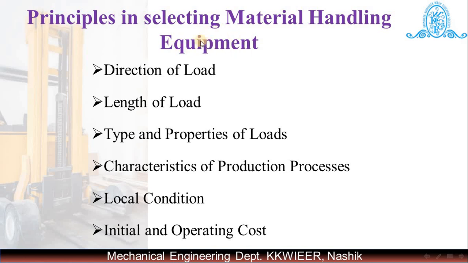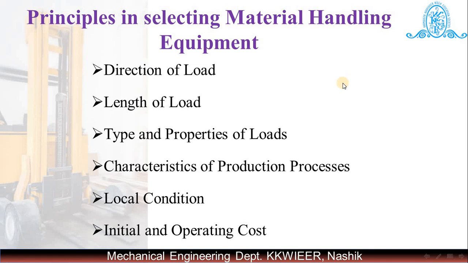Suppose we have to transfer the load from this place downward, or from a bottom place to the top, that is, vertical movement of the load is to be followed. At that time different hoists or cranes, or different elevators, are used. So the direction of load has very much significance. Or if you have to move the load in a horizontal direction, at that time different types of conveyor systems will be used.